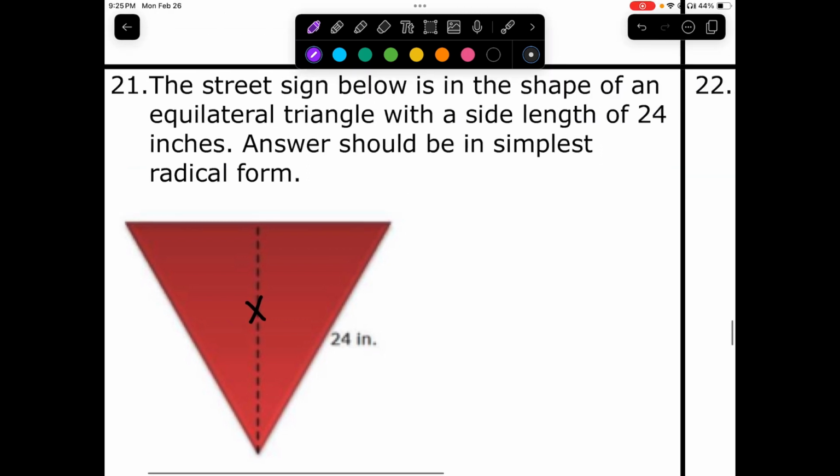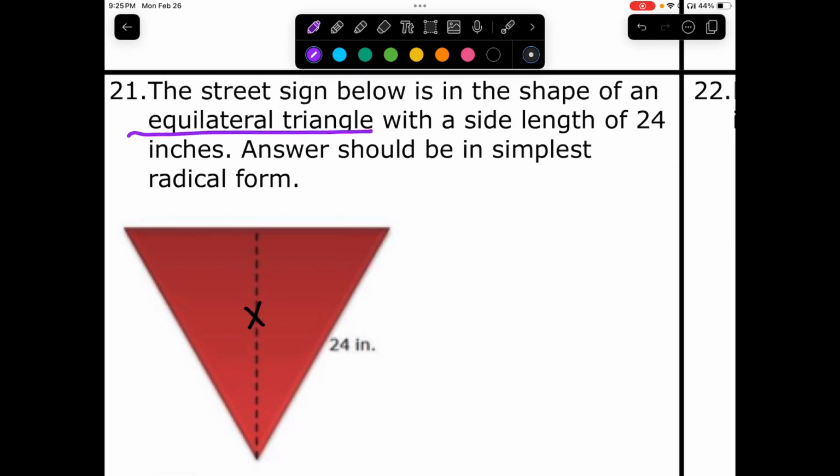So first thing is, if this is an equilateral triangle, that means all the sides are 24. That also means that the height should cut this side in half, and half of 24 is 12. So with that in mind, that's what we're going to be dealing with.